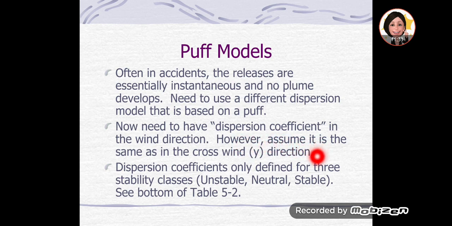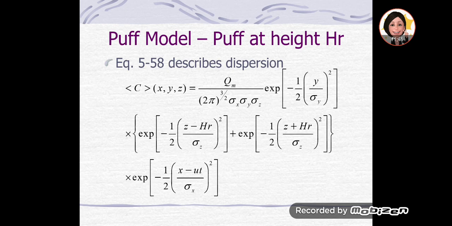It assumes that it is the same as in the crosswind direction as well. The dispersion coefficient is only defined in three stability classes for puff models, which are unstable, neutral, and stable. This is the extended model for puff at height Hr, so we have all three, y, z, and x, taken into consideration.